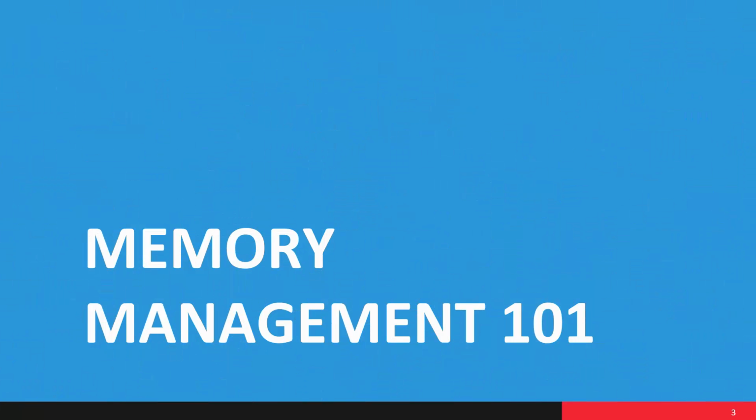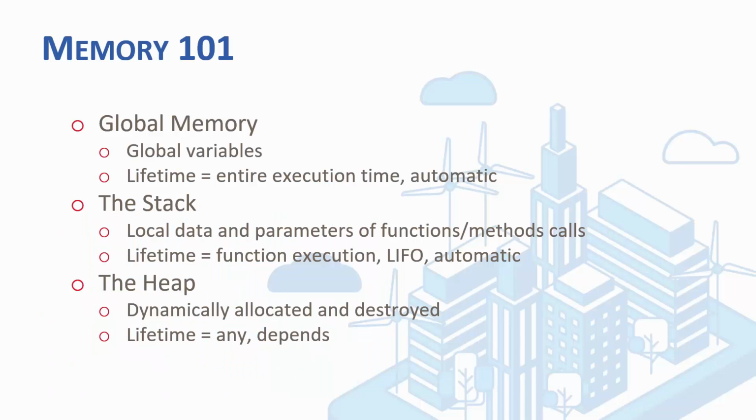So let's start with the basics of memory management. I guess most of you would know everything here, but just in case someone is not such an expert in memory and how things are allocated, let me recap a couple of things, and at least explain the way I use terms, because that might be confusing for some. So global memory is what you get when you declare a global variable, like an integer.